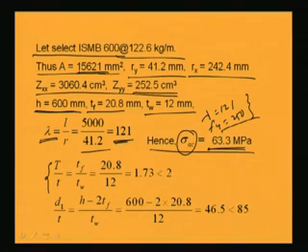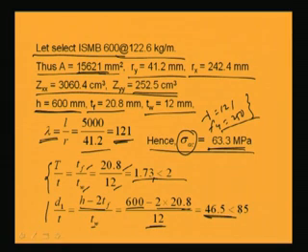Again, T by T is the thickness of flange by thickness of web, that is 20.8 by 12, which is 1.73, less than 2. Again D1 by T is H minus 2TF by TW, that means overall depth 600 minus 2 into flange thickness, by web thickness. This comes to 46.5, which is less than 85. So T by T is less than 2 and D1 by T is less than 85.